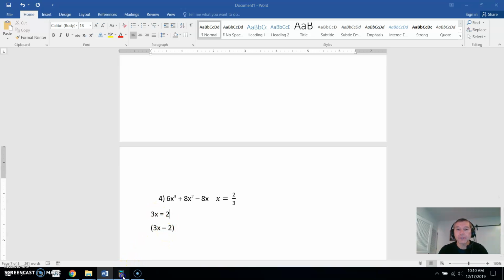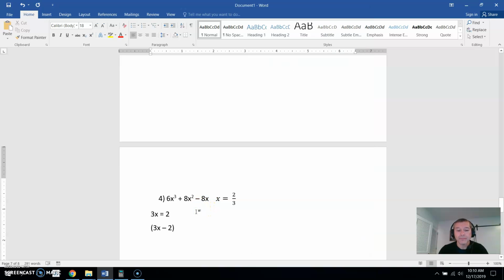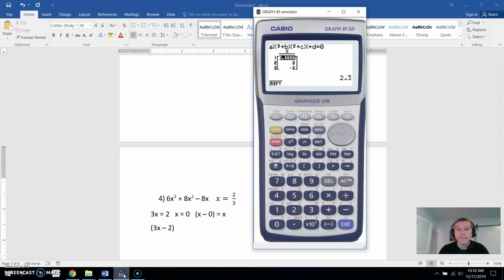The second factor on this one was 0. Well, that's like saying x equals 0. If you take 0 to the other side of the equation, you just have x minus 0. But anything minus 0 is just that same thing back. That's just x. So the second factor where it says solution 0 is the same as the factor just x.